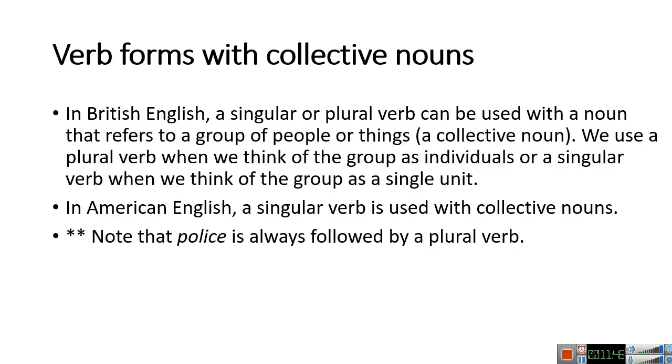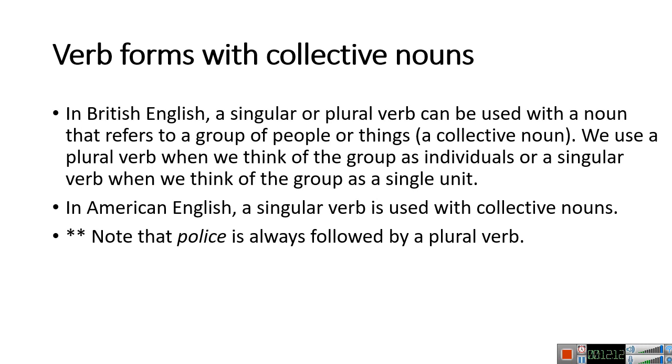Okay, now let's look at verbs with collective nouns. So in British English, a singular or plural verb can be used with a noun that refers to a group of people or things, a collective noun. We use a plural verb when we think of a group as individuals, or a singular verb when we think of the group as a single unit.